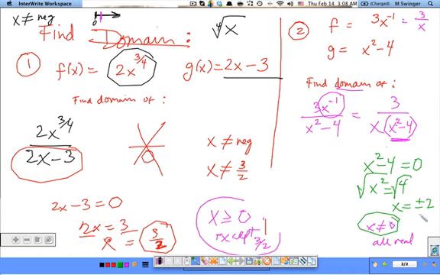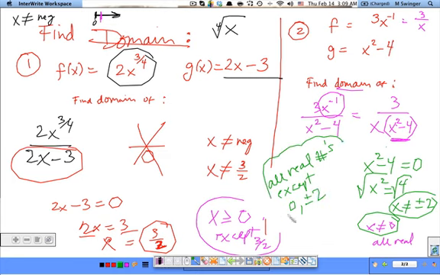X can't be 0, or it would make it 0. So basically it's all real numbers except these things. That's what you have to write down. I don't have much room, so I'll just write all real numbers except, you can list them, 0, plus or minus 2. There's your domain.